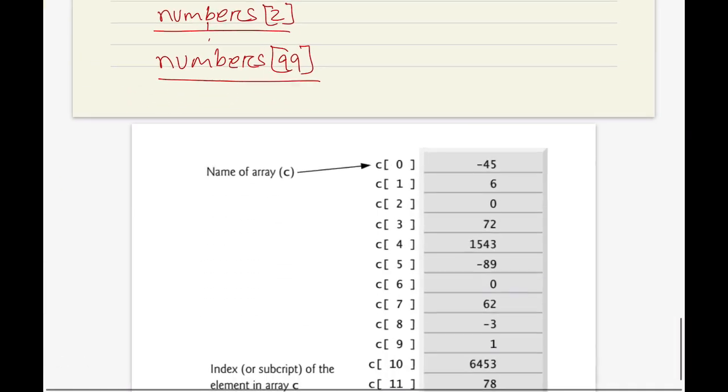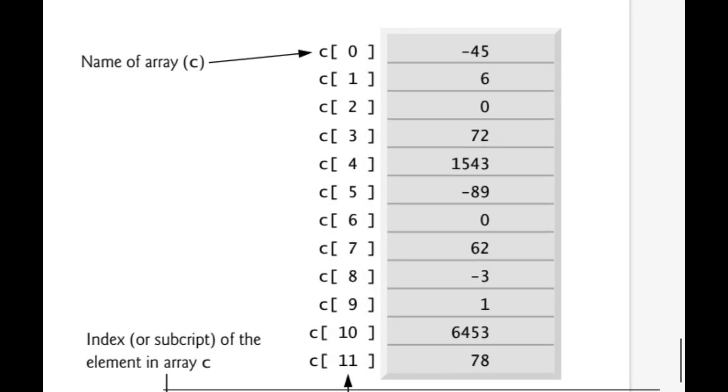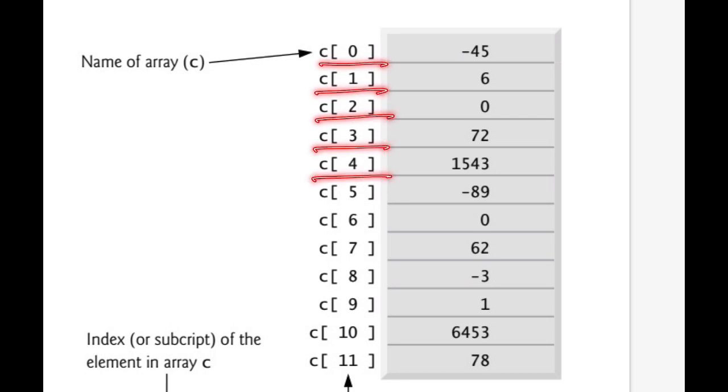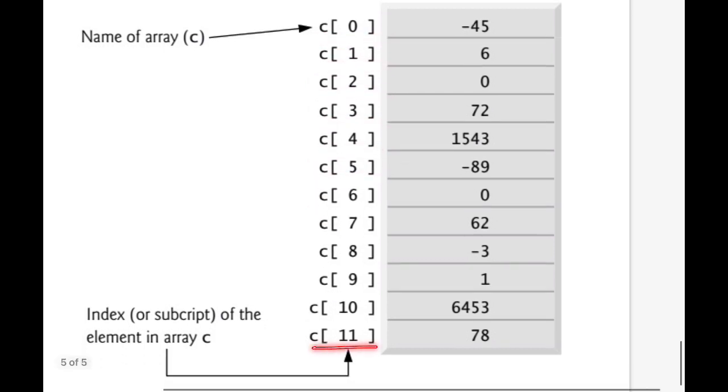Now here you can observe this one. In this example the name of the array is C. Now C[0], C[1], C[2], C[3], C[4], 5, like this, up to C[11] are the individual elements. The value of C[0] is 45, C[1] is 6, C[2] is 0, C[3] is 72, C[4] is 1543, like this.